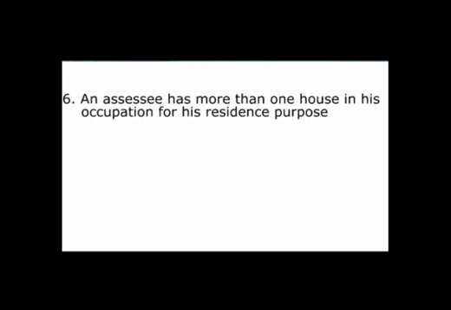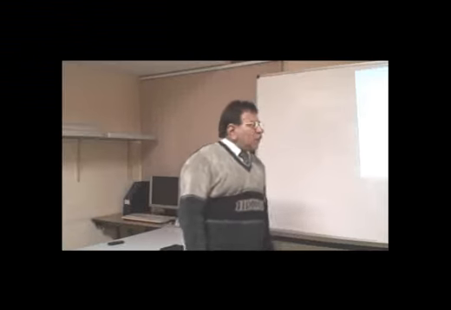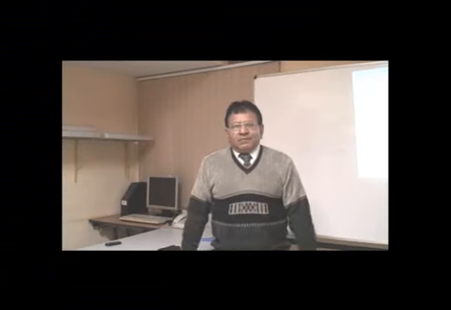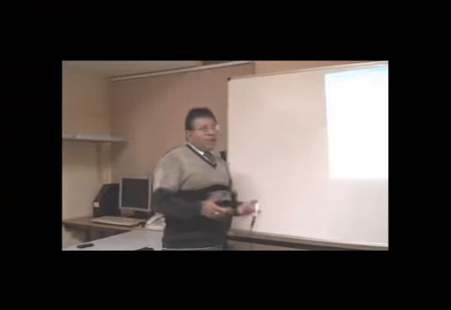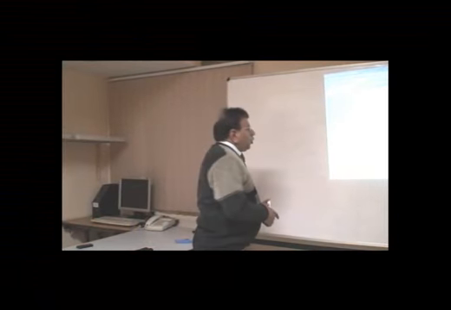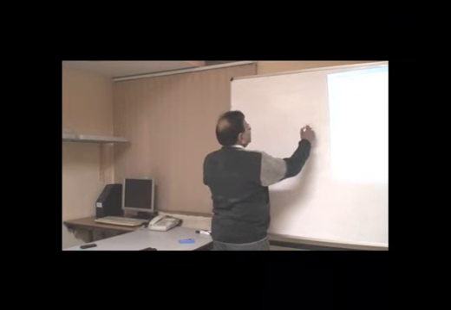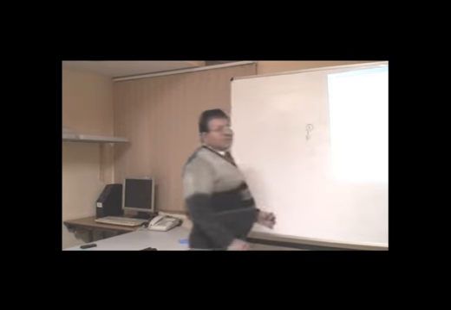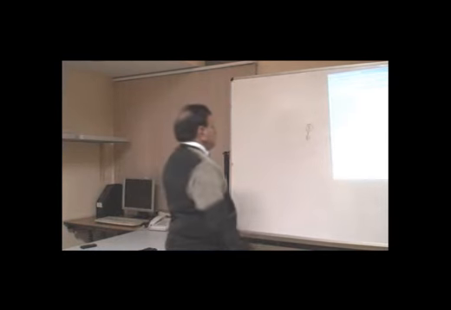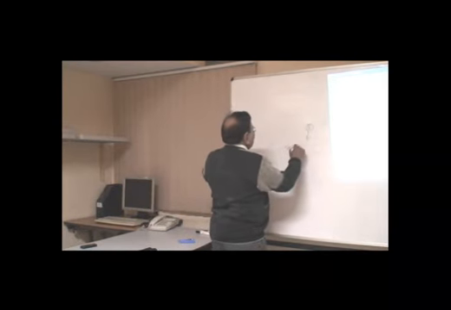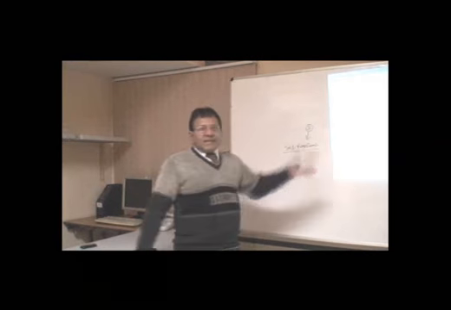The next situation is where an assessee has more than one house in his occupation for residence purposes. It is possible that an assessee may have more than one house, and one of the houses may be used by him for residential purposes and the others may be let out or vacant. Based on that, we'll have to calculate the annual value as we have discussed earlier. If he has, say, 5 houses and one of them is used for self-residence, the treatment for that one would be like self-residence, as I just discussed.